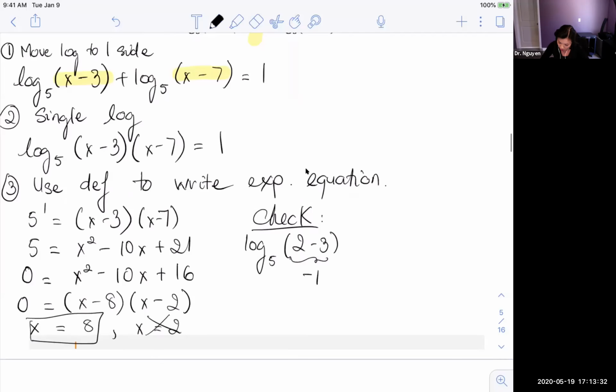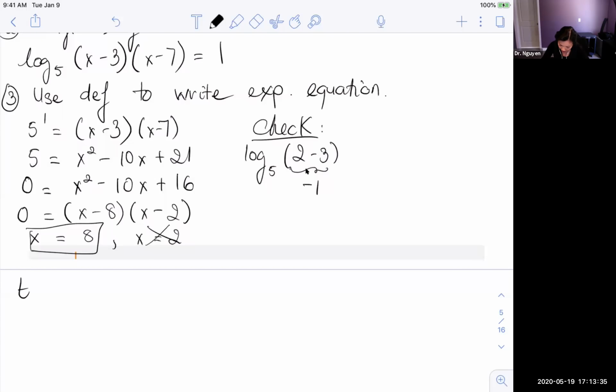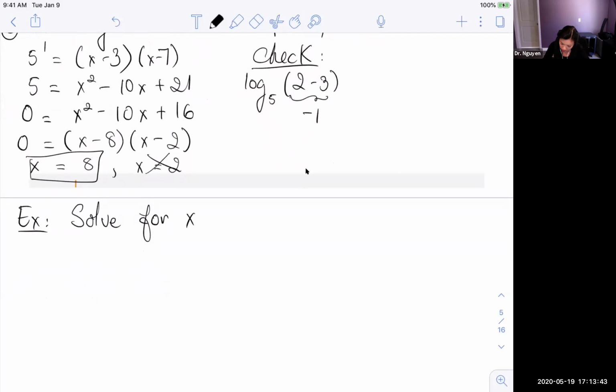I want to show you a second type. Let's say I have an example, solve for x. I can just come up with an example quickly. So we have log base 2 of x plus log base 2 of (x minus 1) equals log.